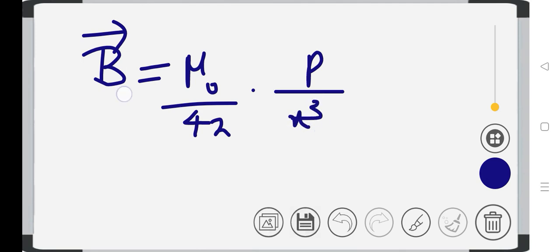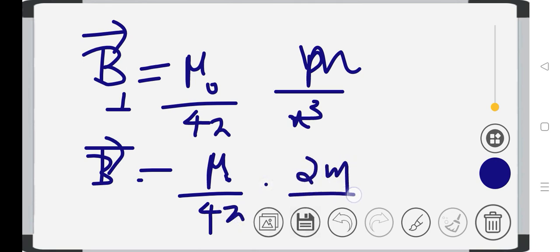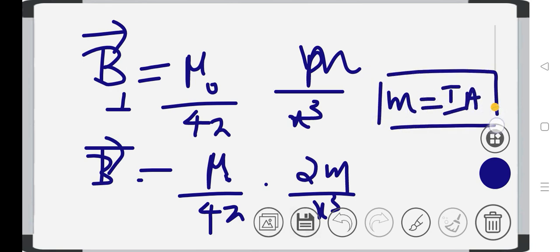Along the axis it is equal to mu 0 by 4 pi into 2m by x cube, where m is the magnetic dipole moment, m equal to I into a. Okay, so that portion is over.